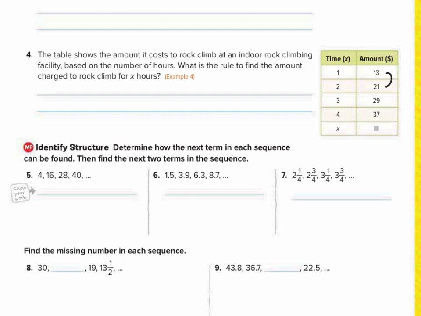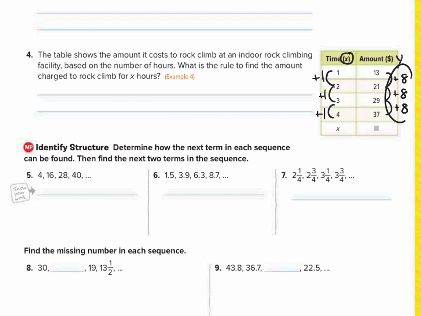So we have to find the change in y over the change in x. The change in y is 21 minus 13, so that's an increase of 8. And then again, an increase of 8, and then again, an increase of 8. x is an increase of 1, increase of 1, increase of 1.